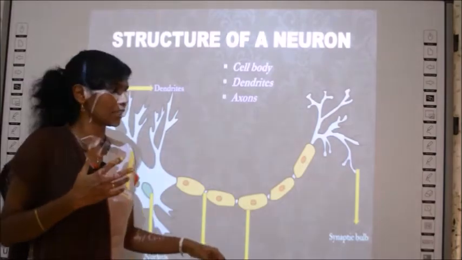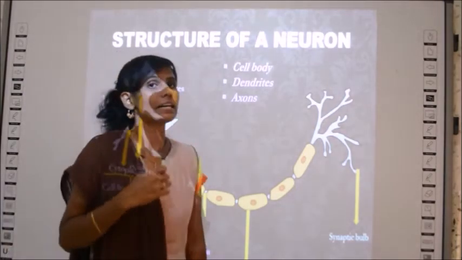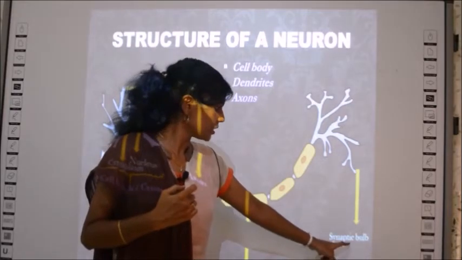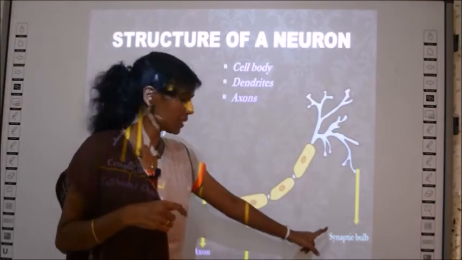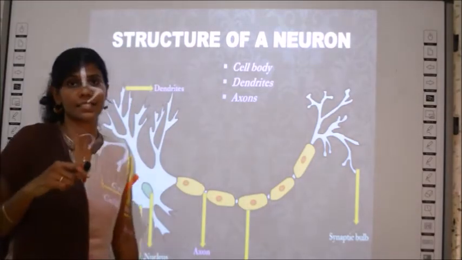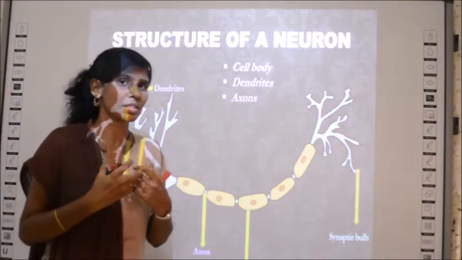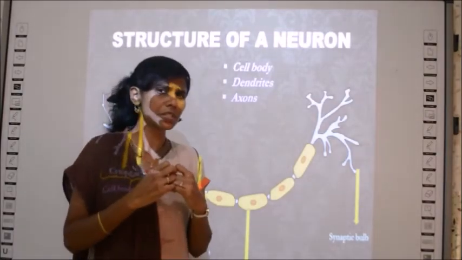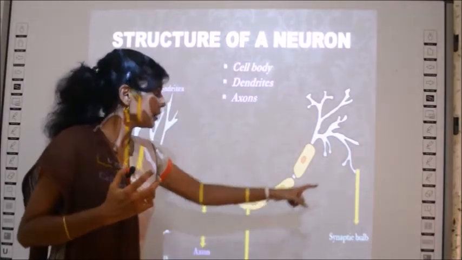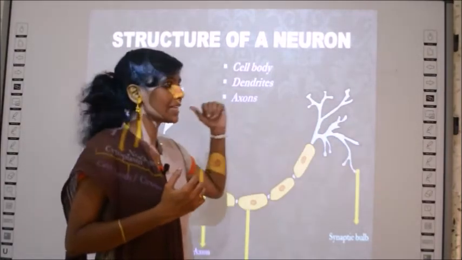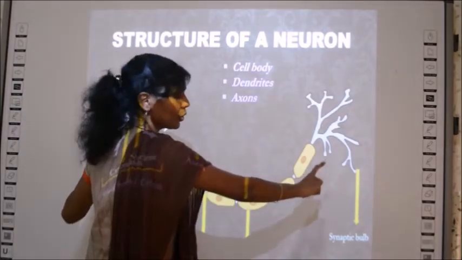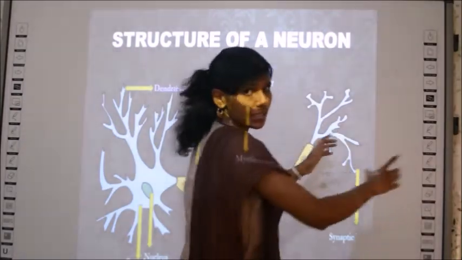There is one more term called synapsis. Synaptic is S-Y-N-A-P-T-I-C, and synapsis is S-Y-N-A-P-S-I-S. So what is synapsis? It is a junction. Synapsis is a junction between what and what? Between the synaptic bulb and the cell body of the next neuron. I told you, similarly, one more neuron will be placed next to it.